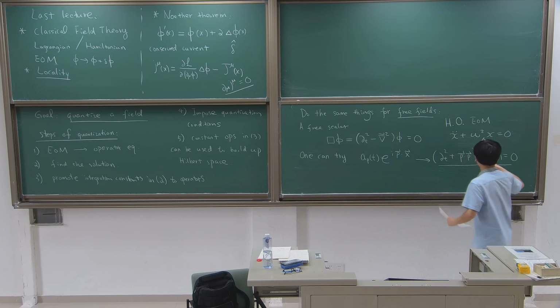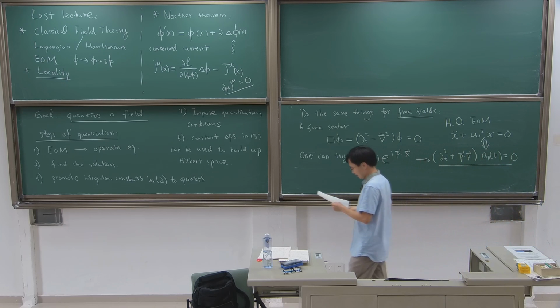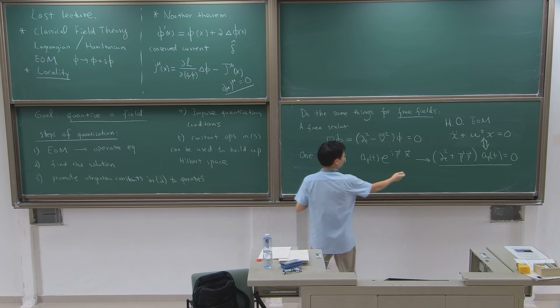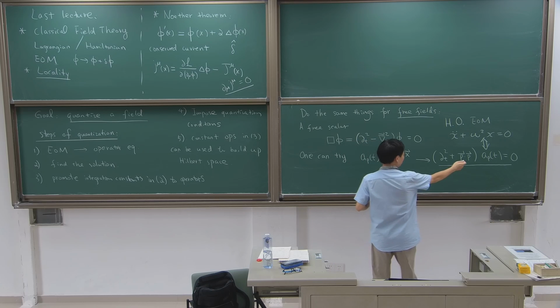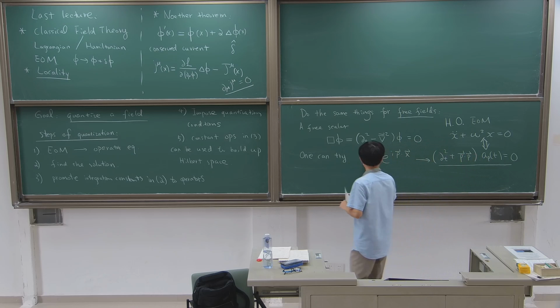Of course, you can continue to solve this equation. It's not hard. You will get the t dependence of A_p(t). Then you plug this solution back into this general form.